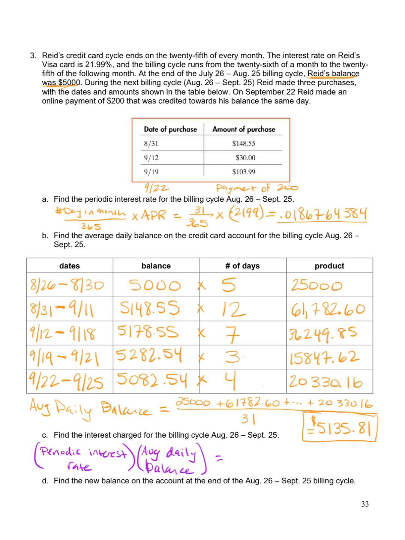Okay, so we calculated those in parts A and B. So I have this 0.0186 ... that number, times the $5,135.89. And that will give me the finance charges for this month, which is $95.92.